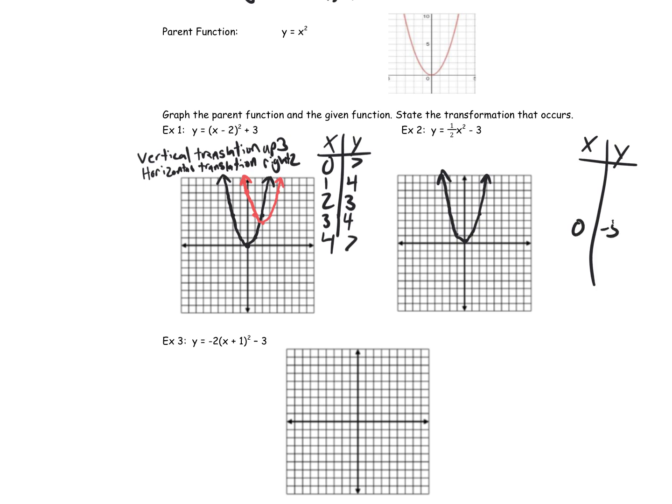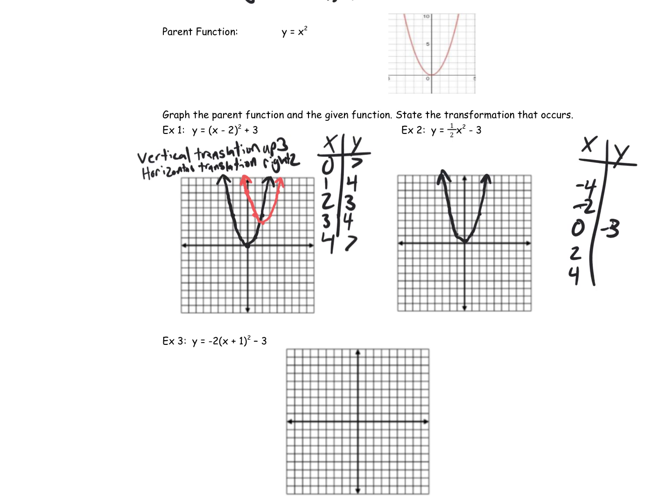Now, with our a being 1/2, what I would suggest is to find numbers that are divisible by 2 for our x's. So I do negative 2 and negative 4, and then positive 2 and positive 4. You'll see why in a second. If we were to do an odd number, we would end up with some fractions, and I know some of you really get freaked out about fractions, so we're not going to do that today. So let's just fill out our table.